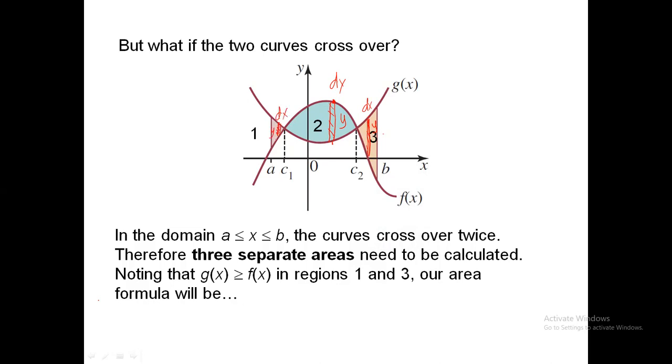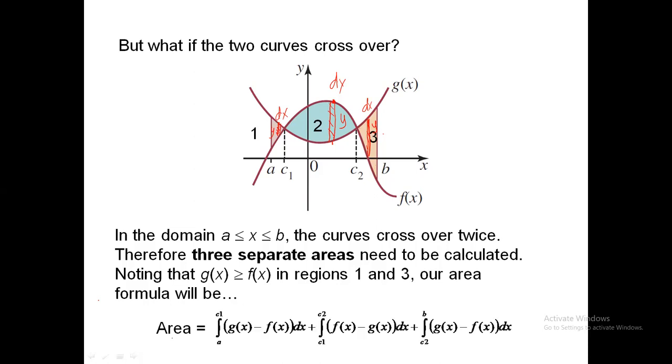For section 1, you will have from A to C sub 1. For section 2, that would be C sub 1 to C sub 2. And for section 3, that would be C sub 2 to B. So you are to determine the area of 3 sections.